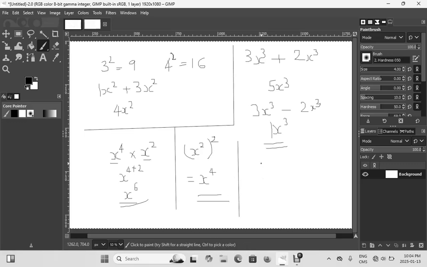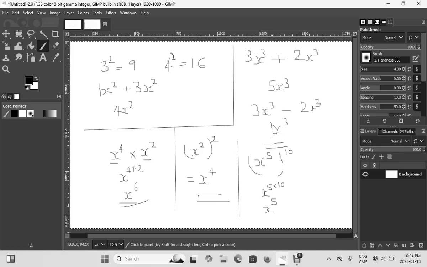Let's take another example. Let's say this one over here is x raised to 5, all raised to 10. Rather than calculating and solving for x inside the bracket, what we can do is multiply the two exponents, so this will be 5 times 10.